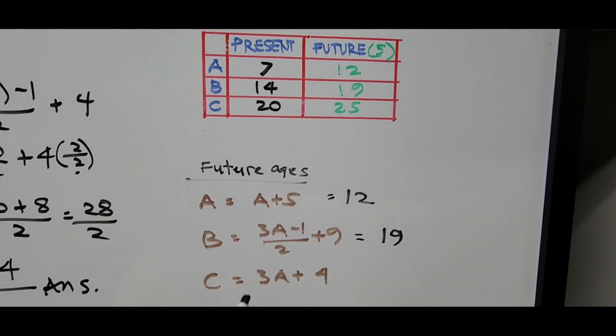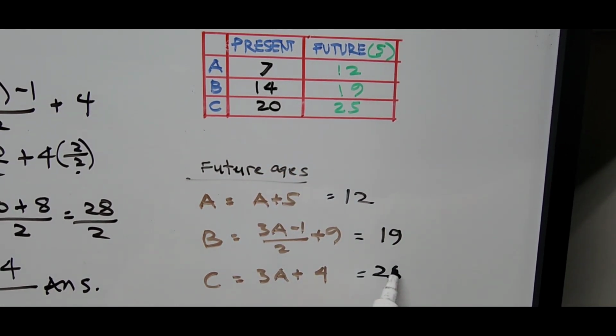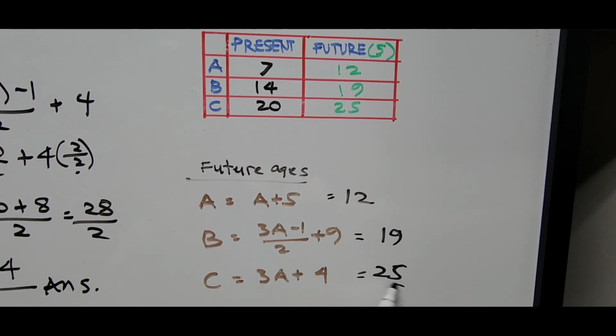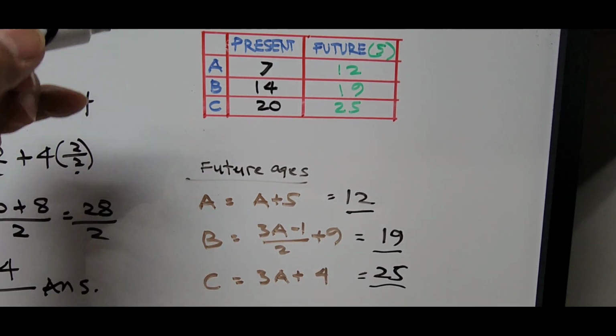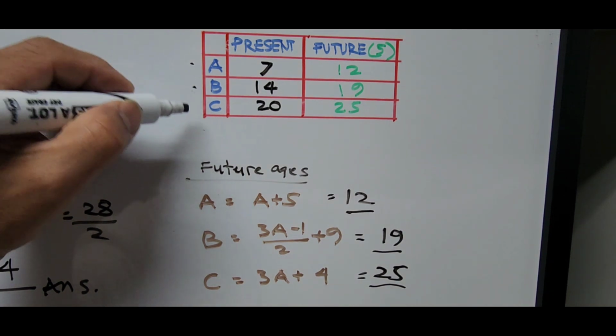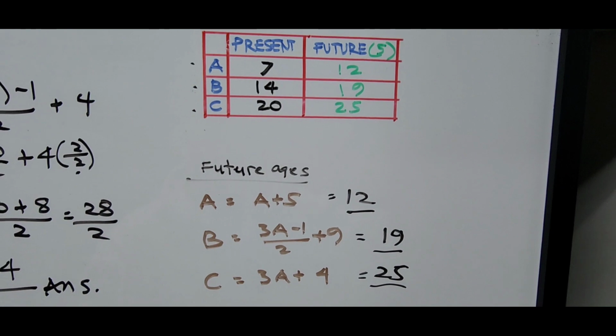That's correct. And C's future age is 25. A's age is 7, so 3 times 7 is 21, plus 4 is 25. So that confirms all our answers are correct. I mean, these present ages: A is 7, B is 14, C is 20. And so that's all for now.